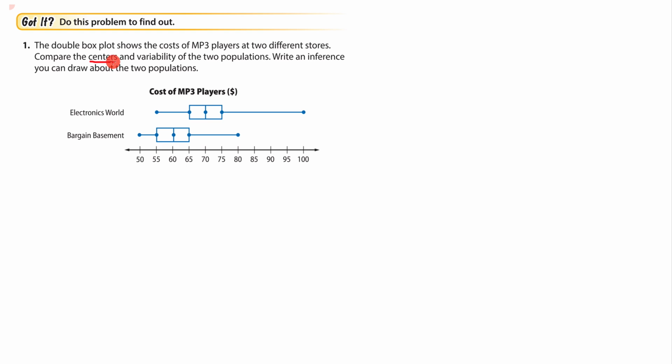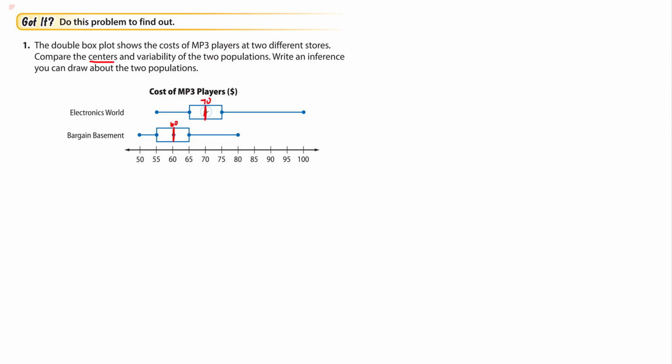So the centers, the only measure of center that we can get from a box plot is the median. The median for Electronics World is 70. So this is at 70 because it's above the 70. And the median for Bargain Basement is at 60. So this is at 60.